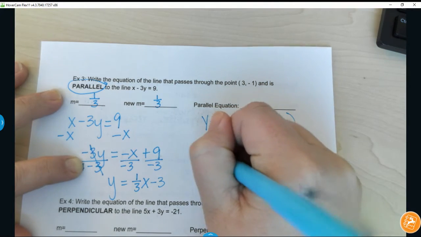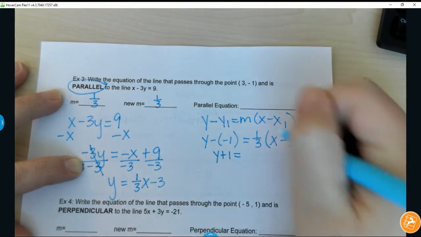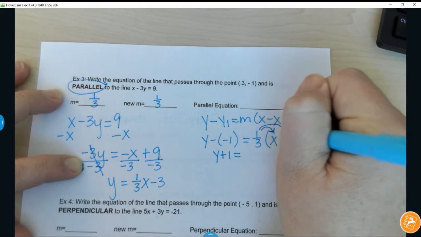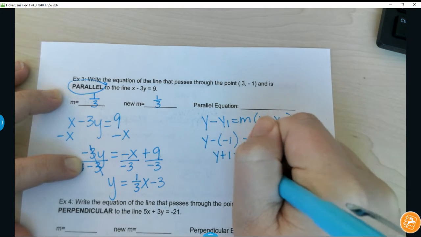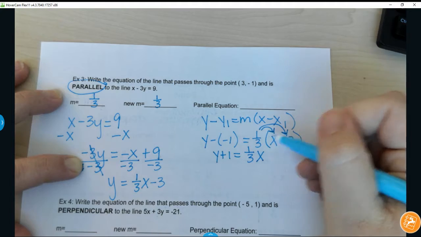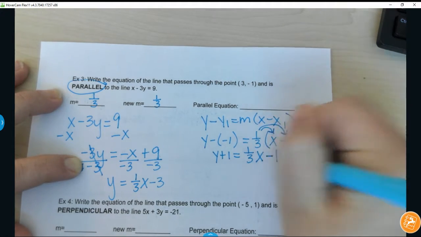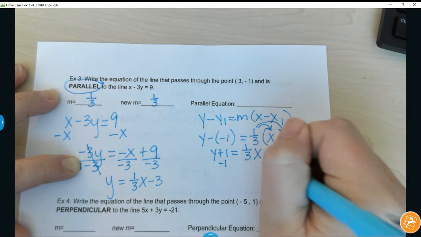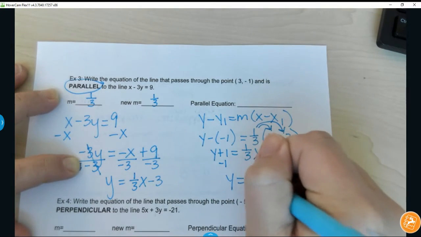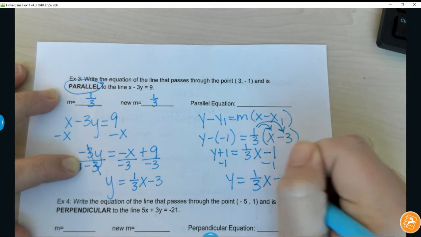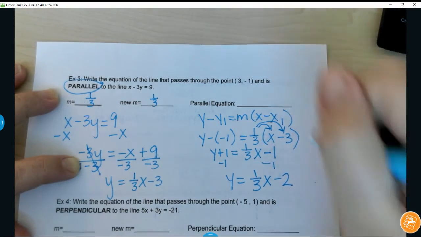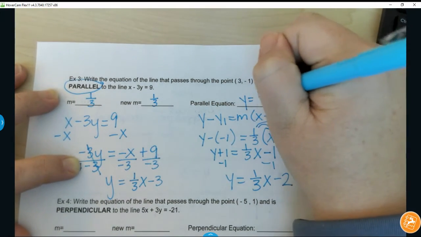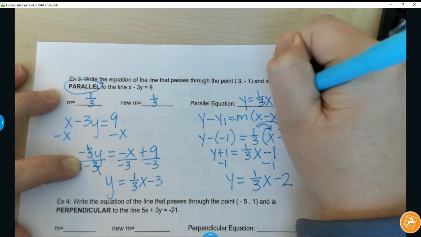That becomes y plus 1 equals, distribute, and then 1/3 times negative 3 is negative 1. Subtract 1 from both sides, and I end with y equals 1/3 x minus 2. So that equation, 1/3 x minus 2.